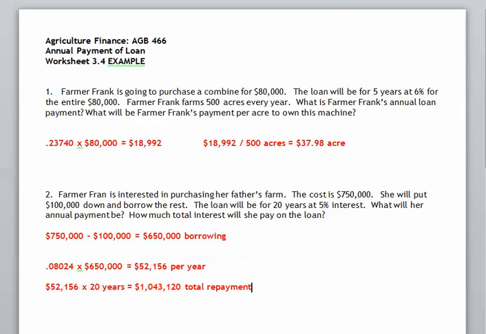That's our total repayment, by the way. Take our total repayment minus our initial borrowing, and that will equal what we paid in interest: $393,120 of interest.